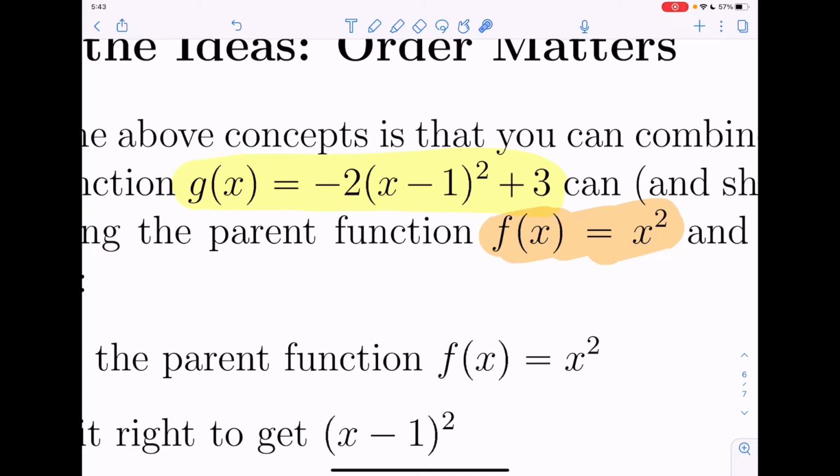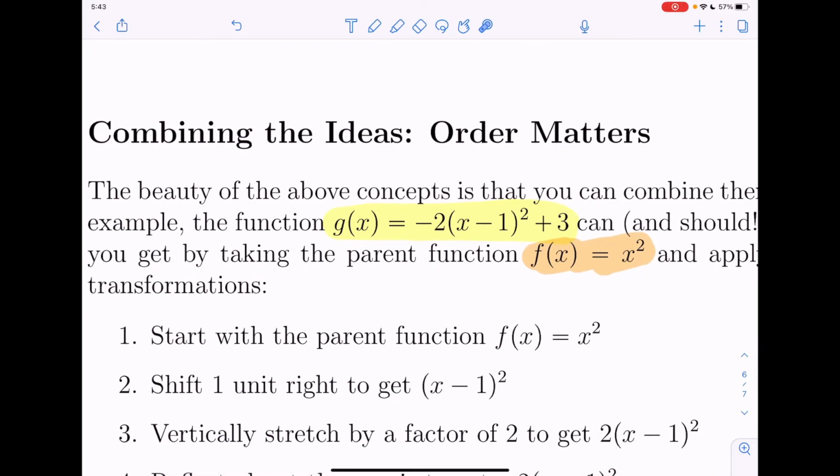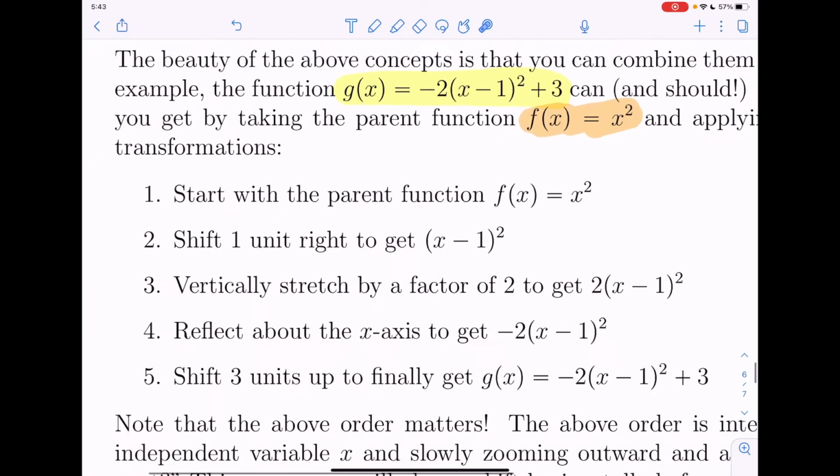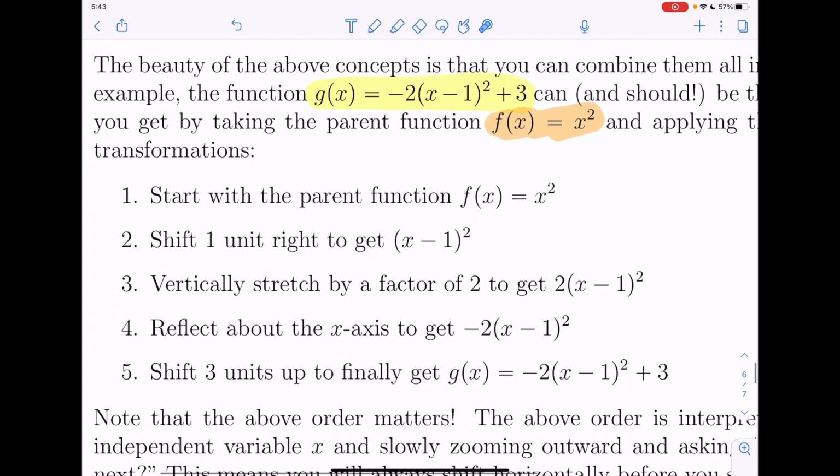And so as a result, if you want to graph g, which is our objective, we can start with the parent function, something you've memorized, and then slowly but surely trace what transformations it's undergone algebraically, and then trace those out graphically. In this manner, order matters. You have to sort of read it in an inside-out manner.